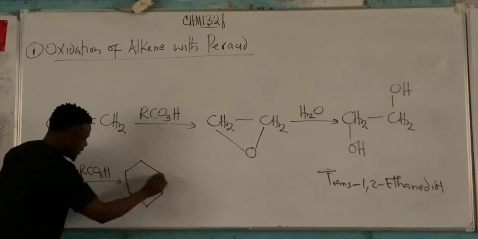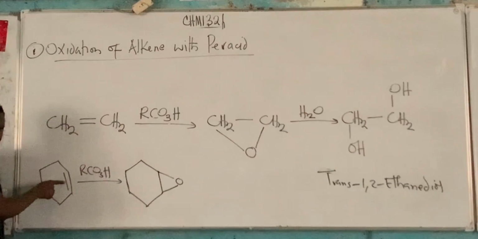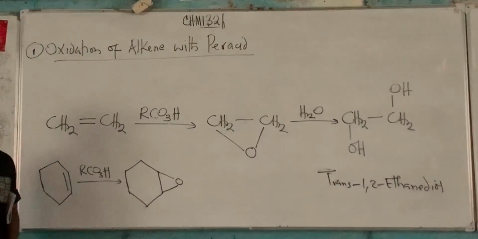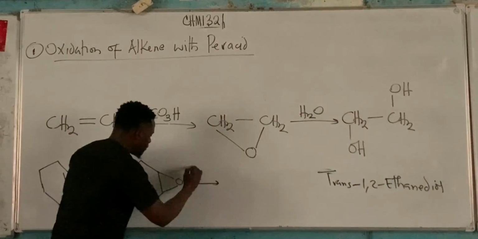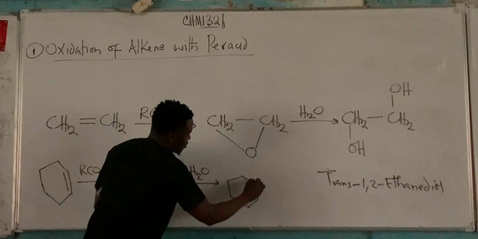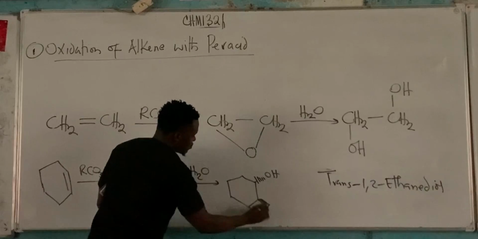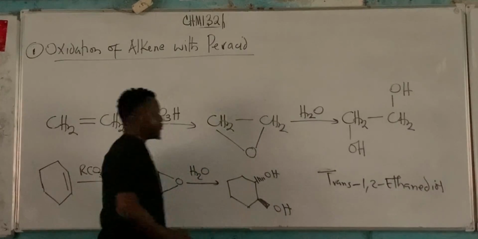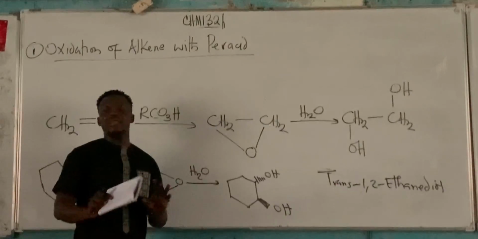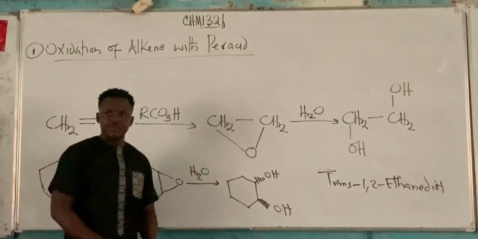The double bond breaks, one of them stretches out and we put the O here. If you add water to this guy, this becomes OH, to show that they are trans. But if you cannot do this, you can just write it out normally. Just put your arrow and draw it out.